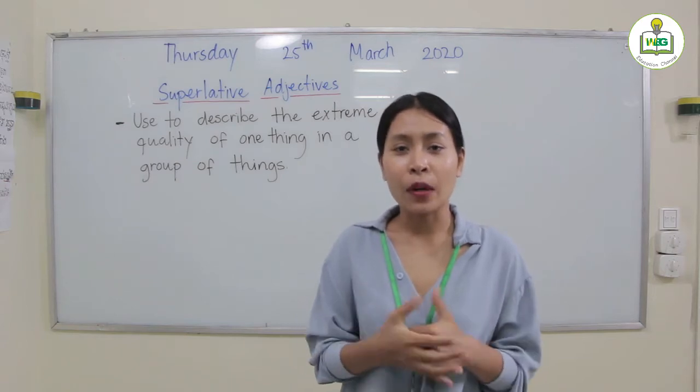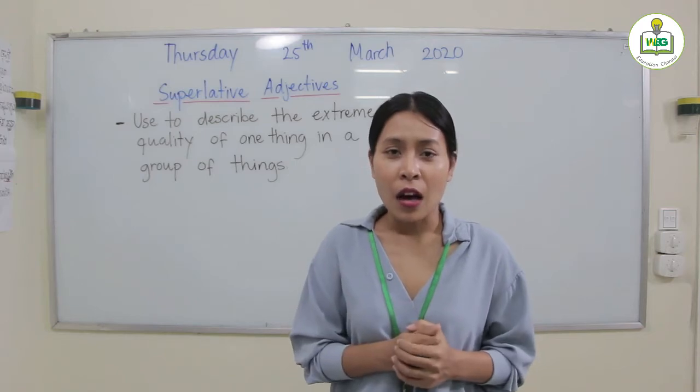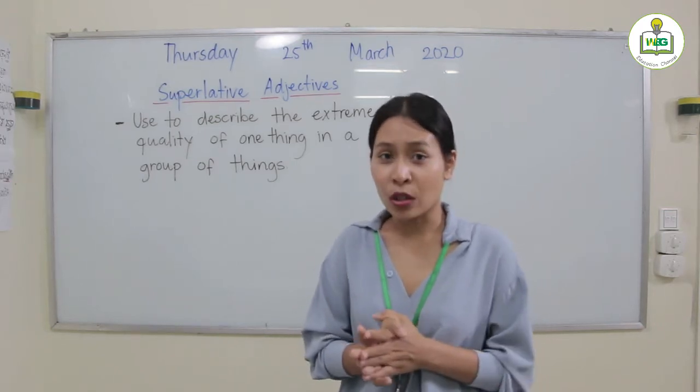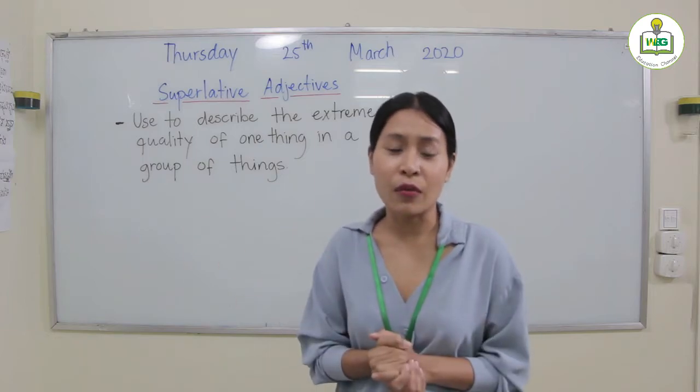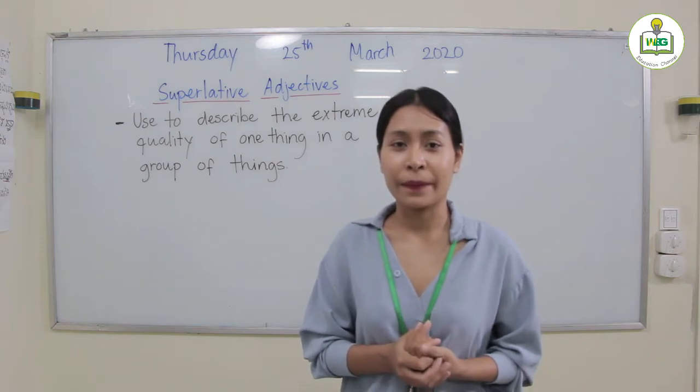Now, for example, if you want to compare all the mountains in the world, we don't use comparative because it is more than two mountains in the world, so we use superlative to compare all those mountains.